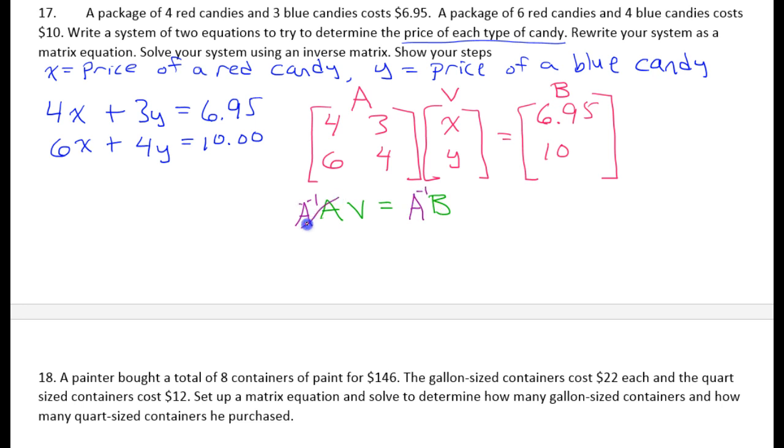A inverse and A form the identity matrix, so they basically cancel each other out. So the bottom line is that matrix V, the variable matrix, should equal A inverse times matrix B. And here's where the calculator comes in.